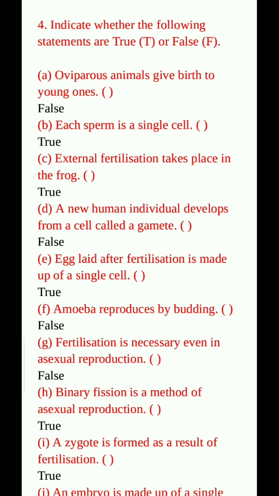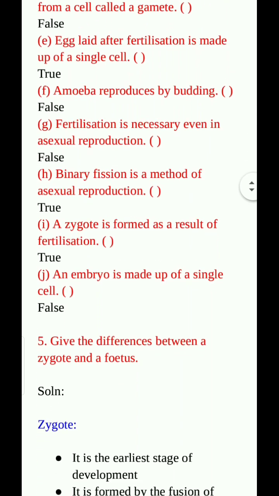An egg laid after fertilization is made up of a single cell: True. Amoeba reproduces by budding: False. Fertilization is necessary even in asexual reproduction: False. Binary fission is a method of asexual reproduction: True. Zygote is formed as a result of fertilization: True. An embryo is made up of a single cell: False.